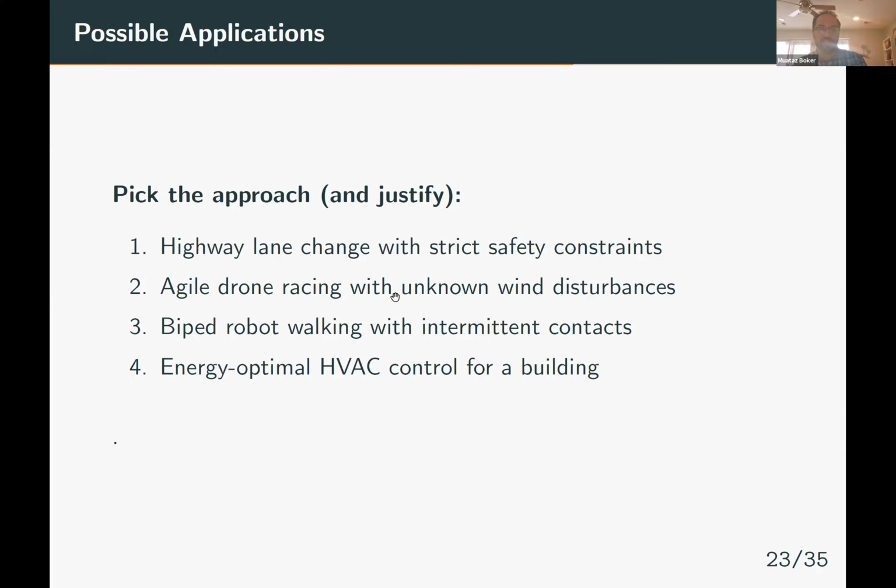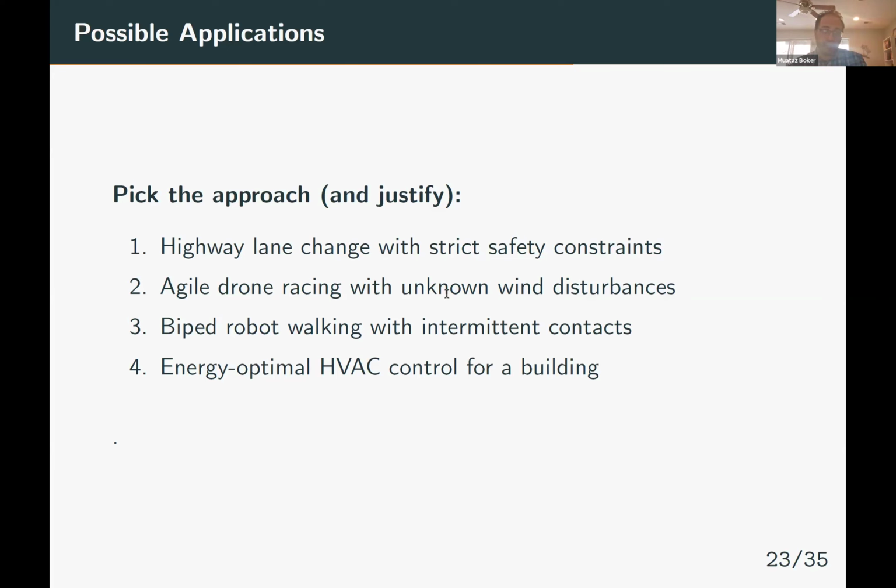Agile drone racing with unknown wind disturbances. What do you think, guys? Reinforcement learning. Okay. Reinforcement learning, I think, is also another choice here.